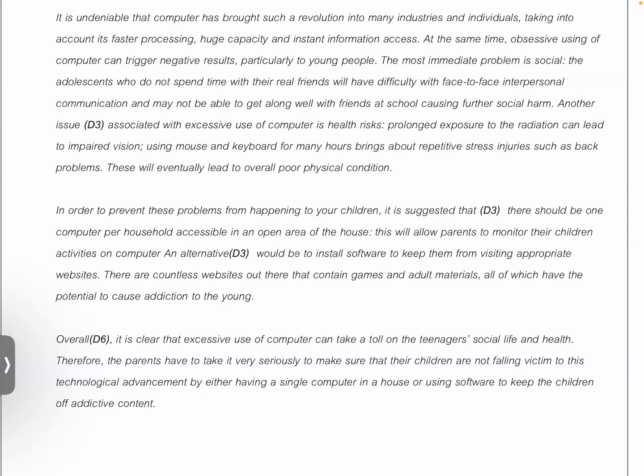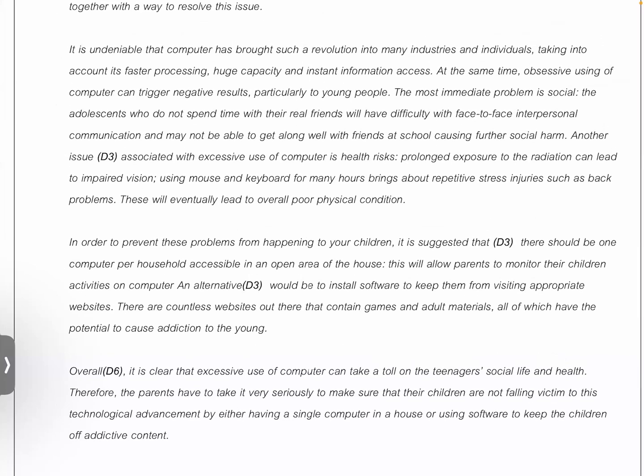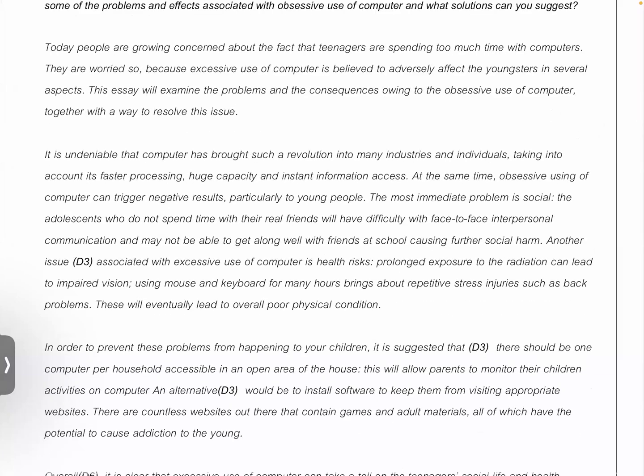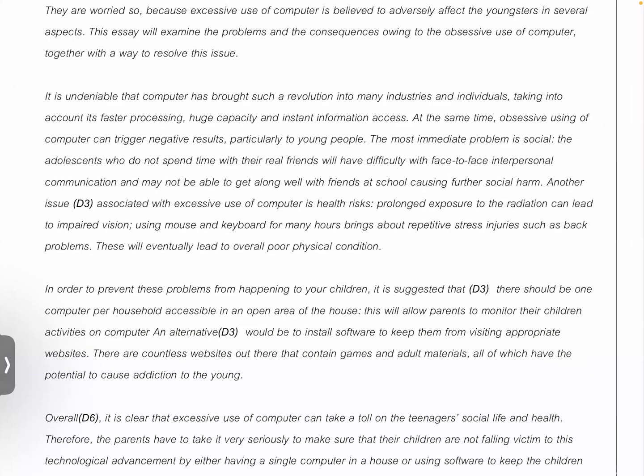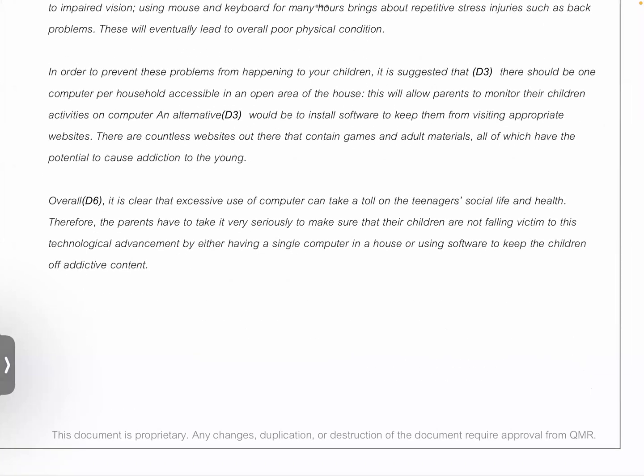So we have seen some negative aspects, and we have seen some methods to prevent addiction. So we have successfully developed our thesis. The last thing to do would be to write a good conclusion. Overall, it is clear that excessive use of computer can take a toll.